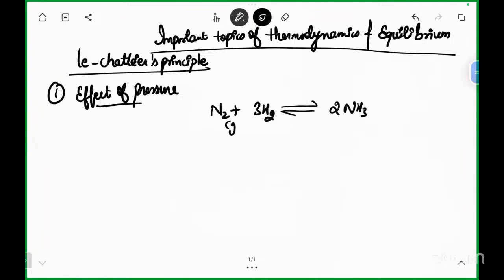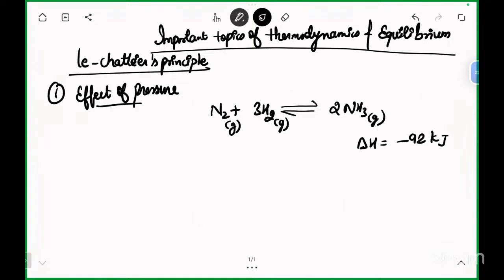All are present in the gaseous phase and the delta H value is equal to minus 92 kilojoules. It's just a hypothetical example that I'm taking. But what you have to remember is, if the value of delta H is negative, we are talking about an exothermic reaction, and if the value of delta H is positive, we are talking about an endothermic reaction.